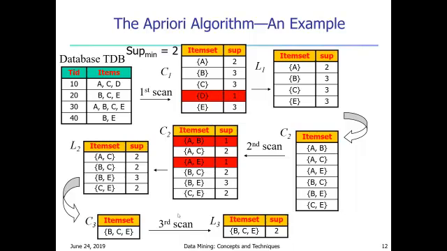So we mark ABE as infrequent, and the only qualified item set is BCE. When we scan the database again for the 3 item set, we can see BCE has a support of 2. We stop the apriori algorithm at that point because there are no further item sets to be generated. So this gives you a clear idea of how the apriori algorithm works for a simple example.